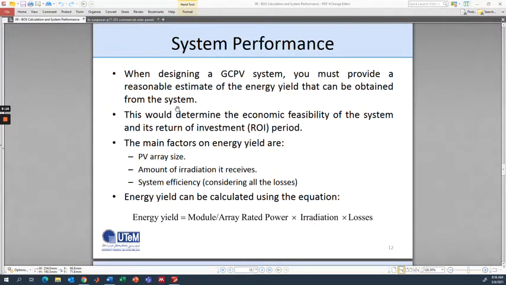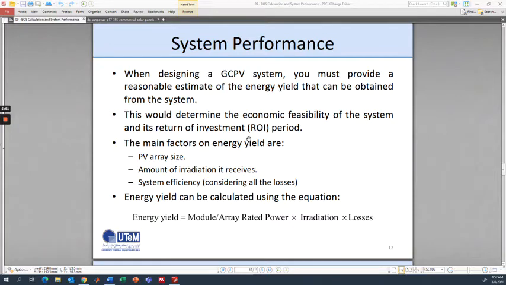The lower the energy, the longer it takes to obtain the return on your initial investment. So this will determine the economic feasibility of the system. Generally, when somebody invests in something, they want a return on investment as fast as possible. If it takes too long, then it becomes a burden and people might not be interested in investing. So that's why we need to validate.